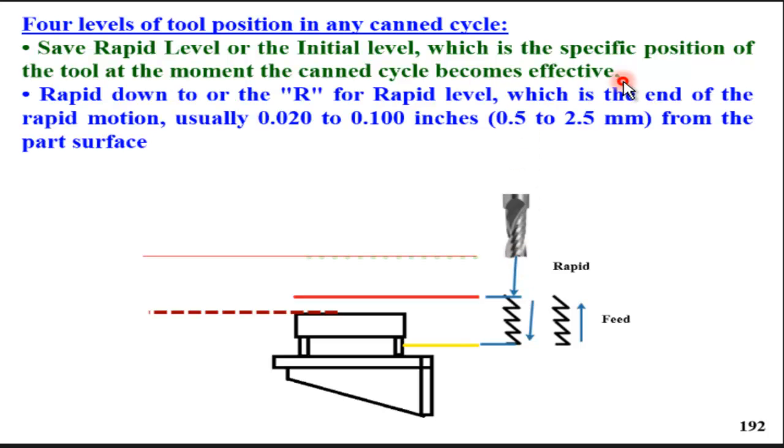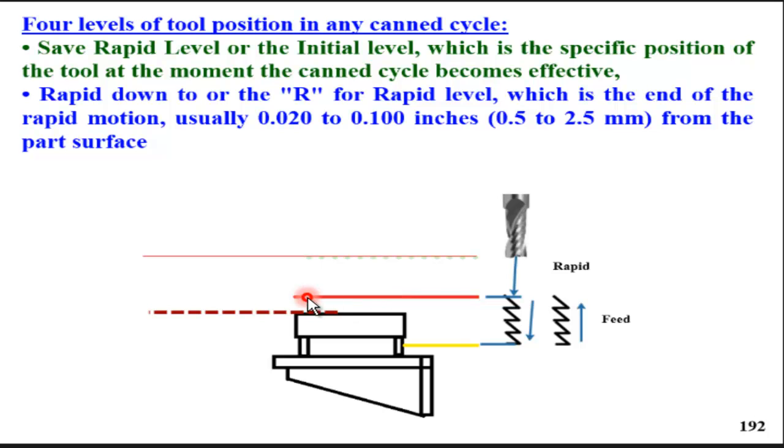The second level is the rapid level. Rapid means the movement of the tool from the safe or initial level to the rapid level will be at rapid feed, in rapid speed. We call it R, the rapid level, which is the end of the high speed movement or the rapid movement.